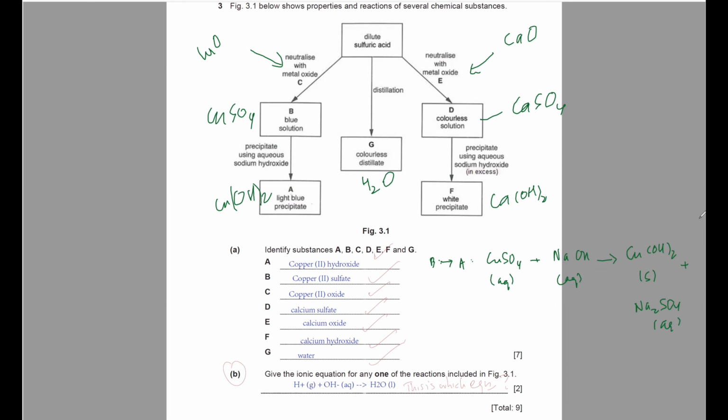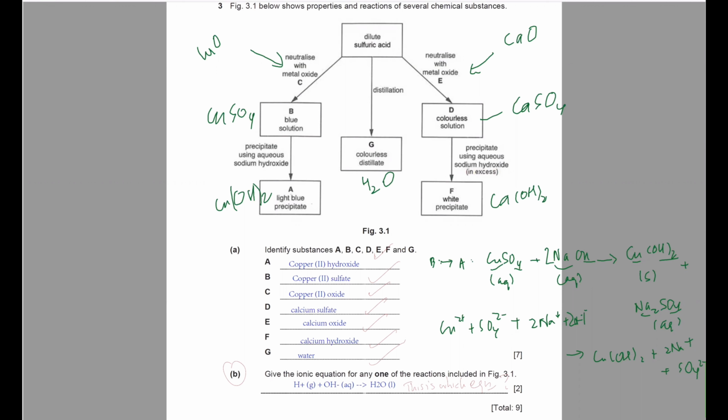So the ionic equation for this one would be splitting up. Let's balance first: 2OH, copper. After balancing the chemical equation, we split up the ions. Those that are aqueous, we can split up. So 2Na+, 2OH-. You will get copper hydroxide plus 2Na+ sulfate.